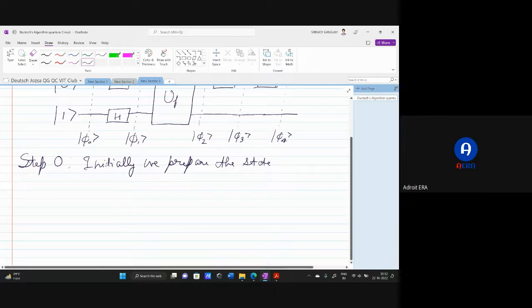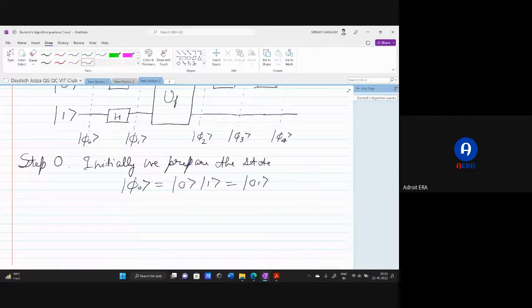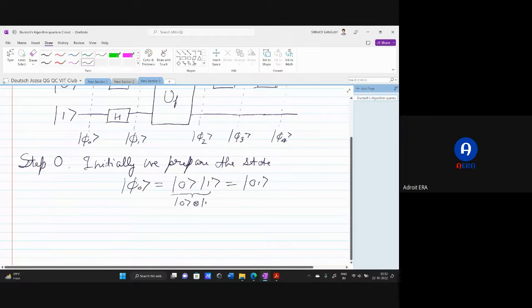So what is the state? Phi 0 is equal to ket 0, ket 1, or you can also write it as ket 01, as you always write for multiple qubits. It's the same thing. You can also write it in another format. It's just a shortcut way of writing.